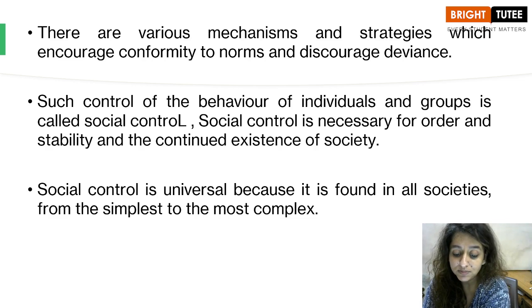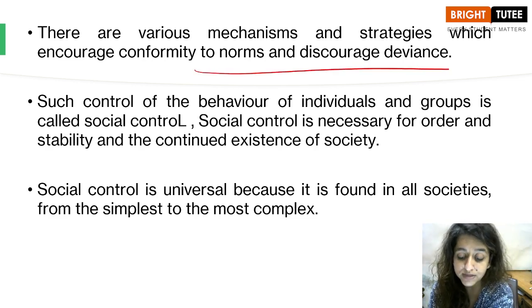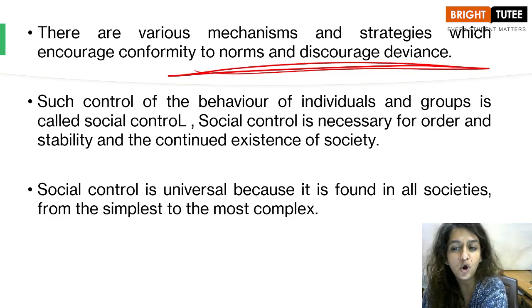Now, there are various mechanisms and strategies which encourage conformity to the norms and discourage deviance. There are a lot of mechanisms and strategies which help people to stay in accordance with the social norms and regulations and not deviate from those.